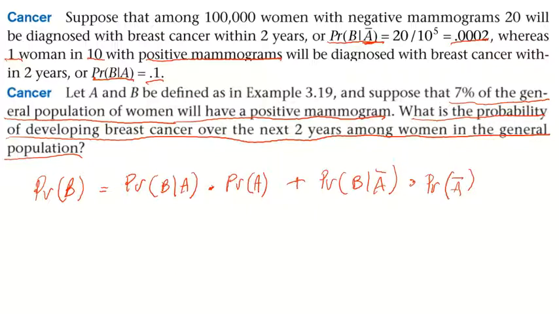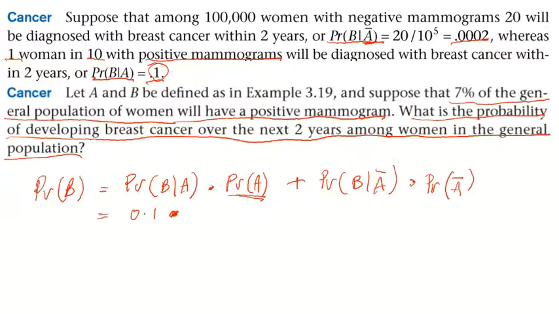Okay, so we just have to provide the numbers here. What's the probability of having breast cancer when the mammogram is positive? That's already given, and that's 0.1. And that's times. What's the probability of the mammogram being positive?